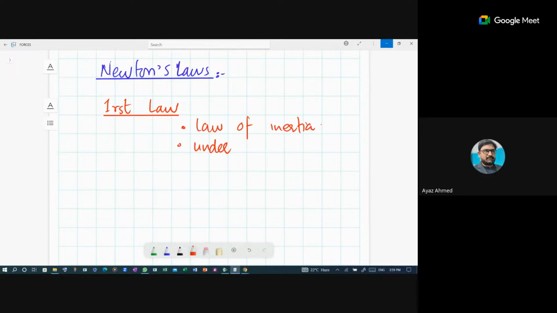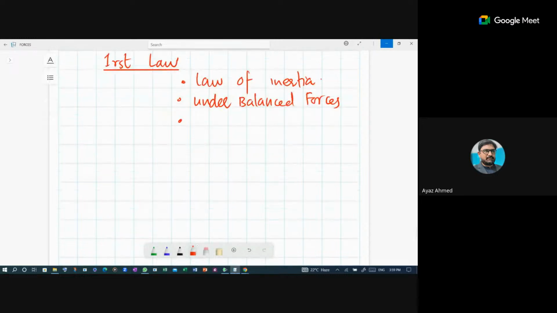If I say that this law is valid when net force equals zero, then it would not be wrong. Net force is basically your resultant force. When the resultant force is equal to zero, then this law is valid.